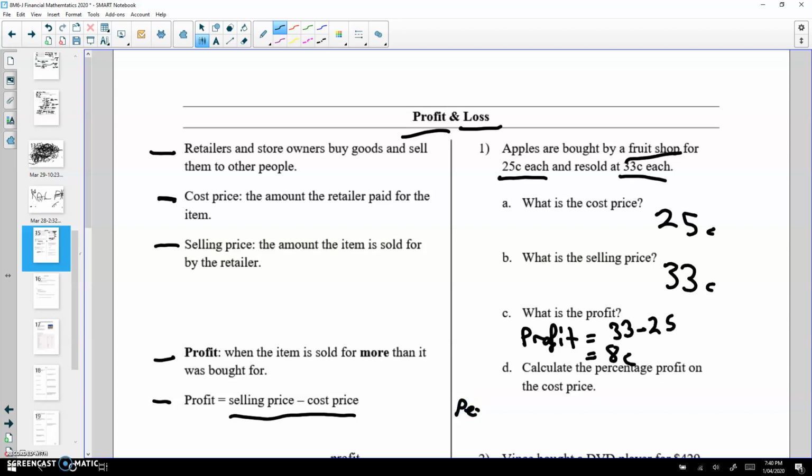So the percentage profit, well, that's equal to the amount of profit, so 8 cents, divided by how much they bought it for, 25, and then times that by 100%, and that gives us a value of 32%.